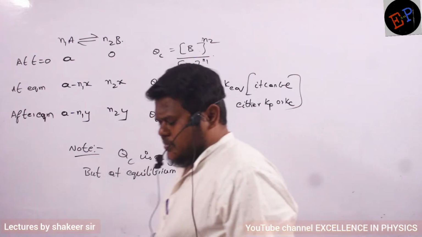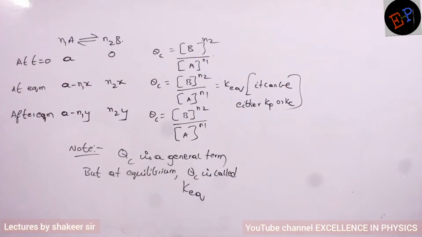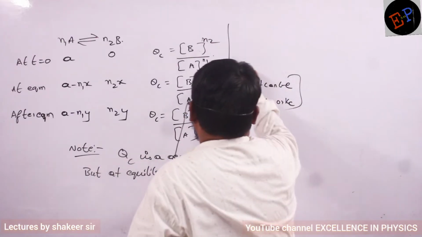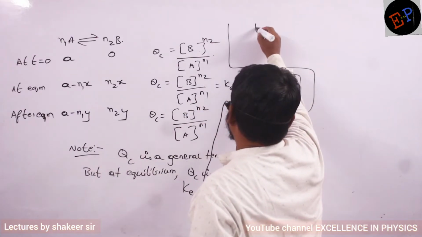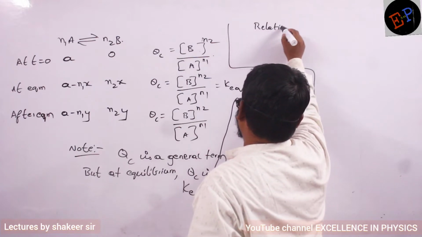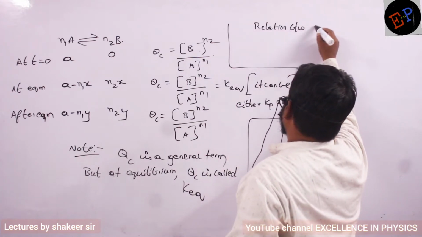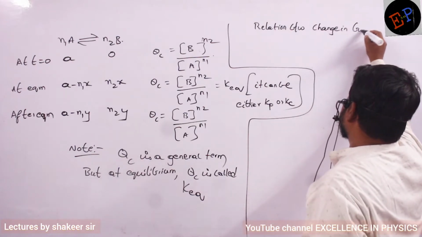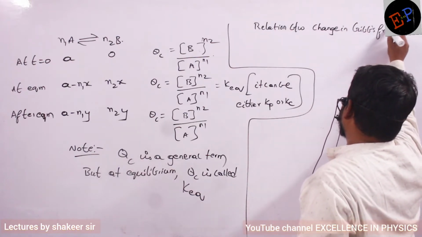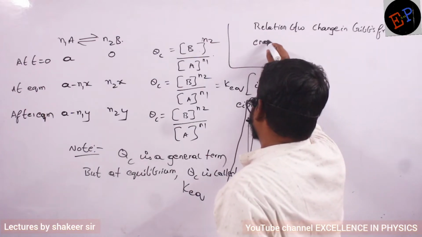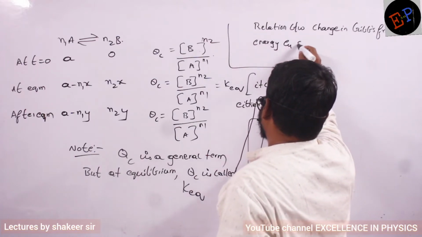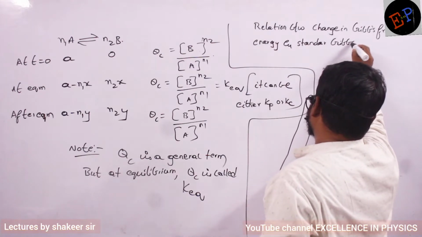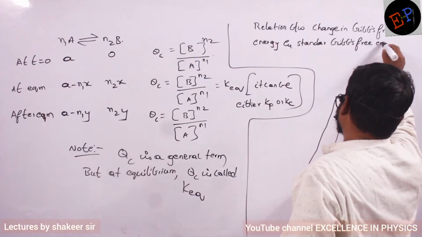So I will write a relation between Gibbs free energy and standard Gibbs free energy, ma. So we study a relation between change in Gibbs free energy and standard Gibbs free energy.